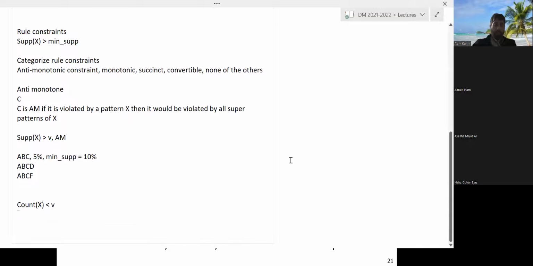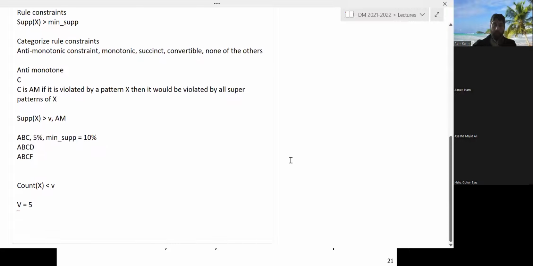So let's say V, let's say five items. So if an item set already has 5 or more items in it, then obviously super patterns would always have more items in it. So it will always violate this constraint, right? So this is another example of an anti-monotone constraint.